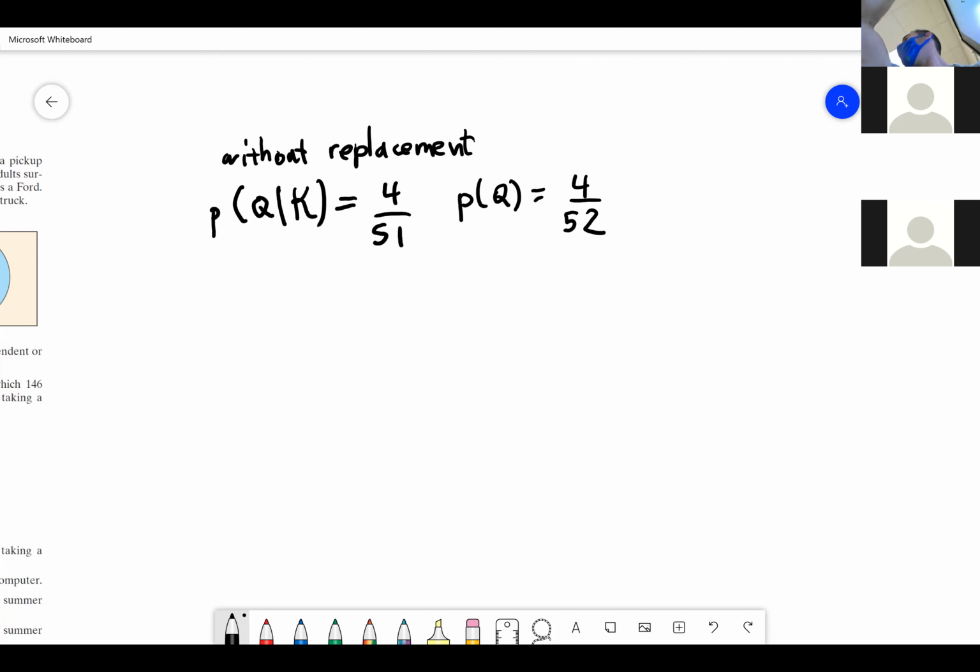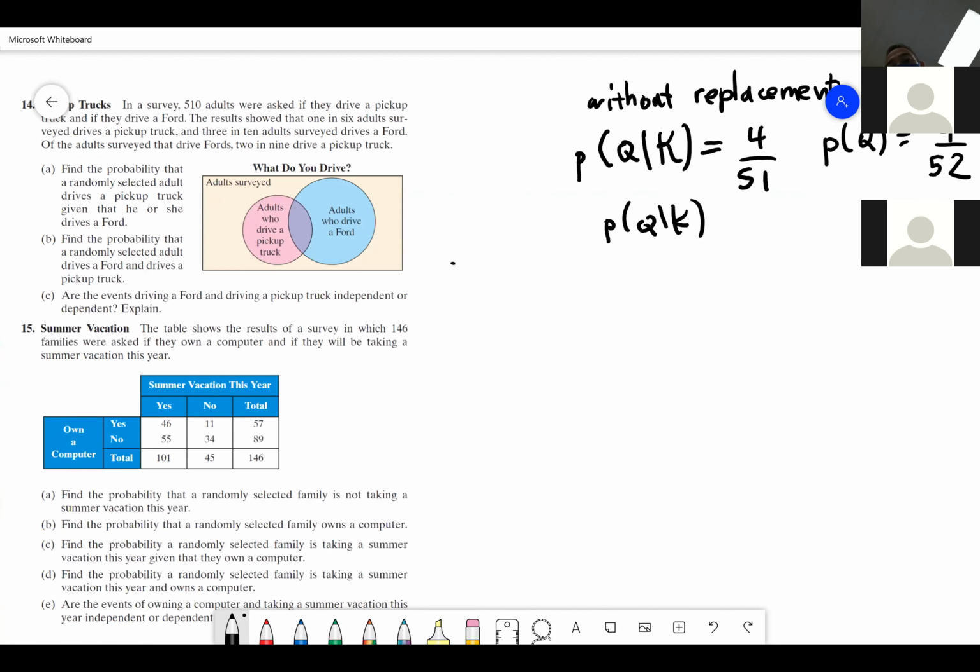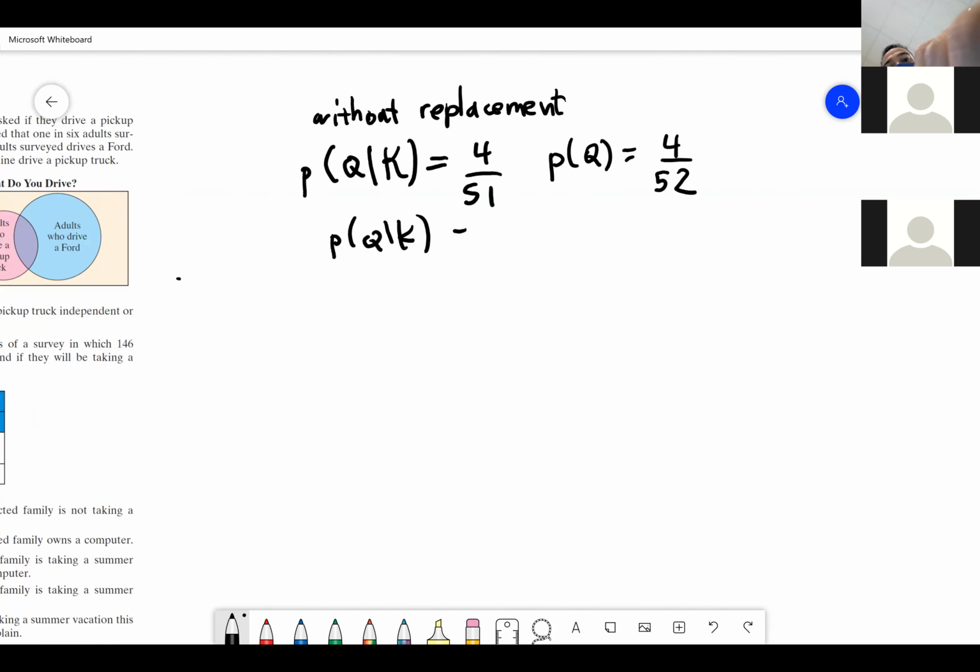Out of? Did king affect the probability of queen? Yes. Therefore, in cases like this, where the probability of the conditional, queen given king first, is not equal to the probability of queen, they are dependent events.